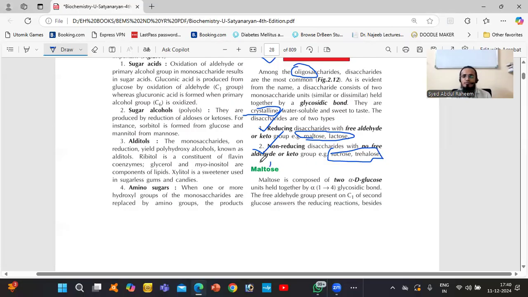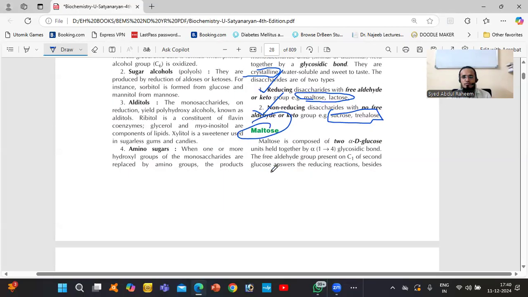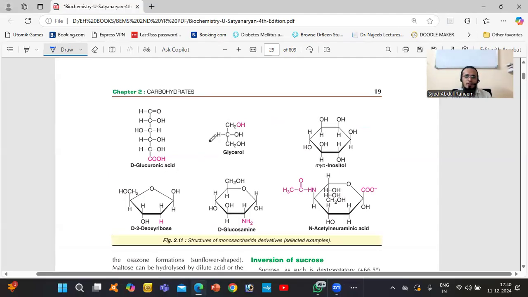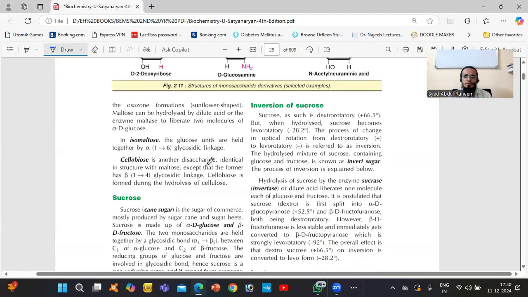So here first, the one given is maltose. It has two alpha D glucose units joined by a glycosidic bond. So these are the chemical things you can see here. We have glycerol, myo-inositol, everything is here in a diagram.